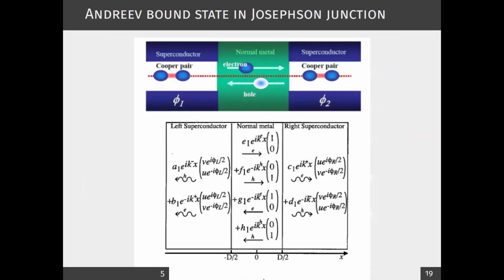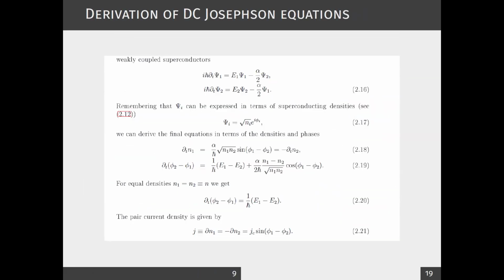So this is 2.16, and this is already what we did. We come to the DC and AC Josephson junction equations, which express the DC Josephson junction effect.